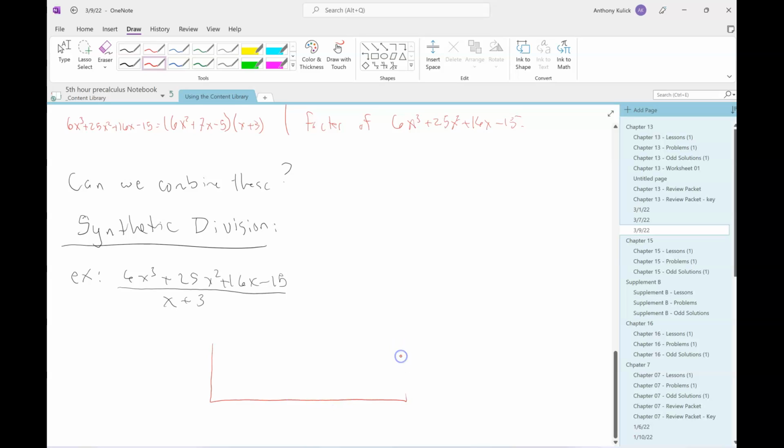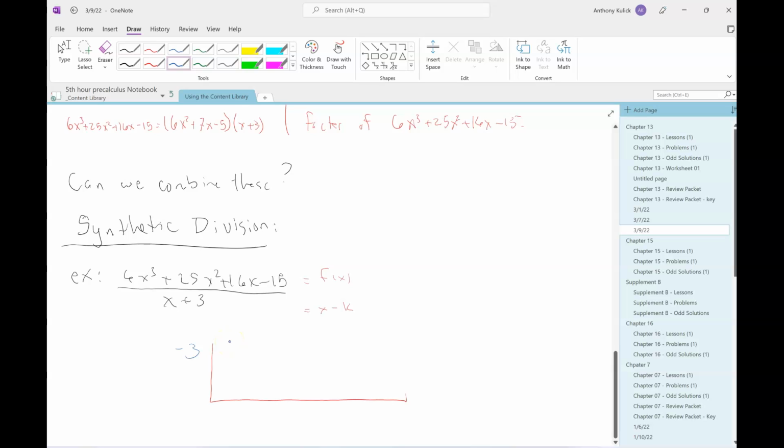So my setup is I start by drawing this thingy here. I put my value for k on the outside. So there's my value for k. Good with that.